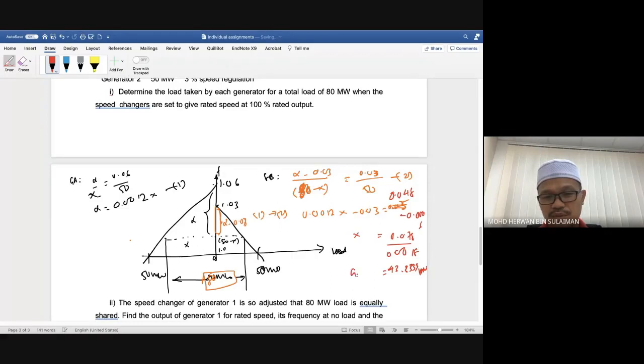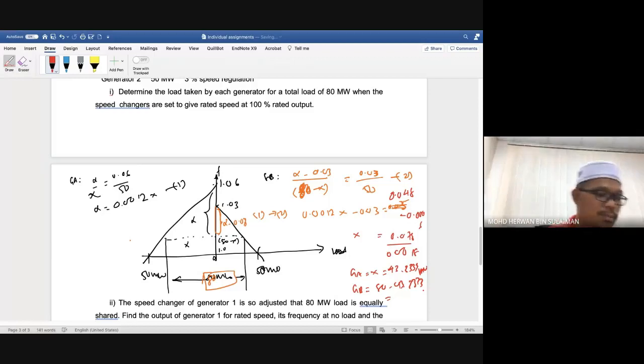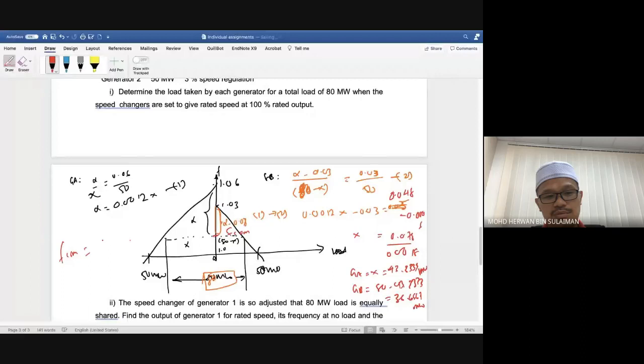So this one for GA. And then GB is 80 minus 43.3333, dia dapat 36.6667 megawatts. Next, you need to find the common frequency right here, Fcom. So your Fcom equals to 0.0012 times 43.3333 megawatts.